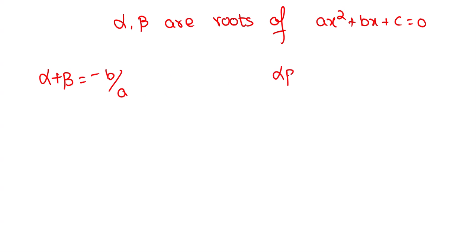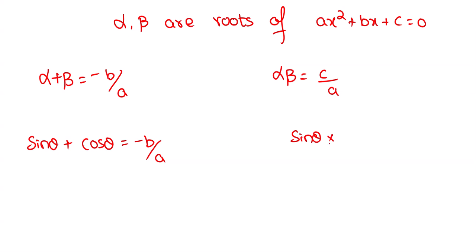Product of the roots is nothing but c divided by a. Similarly, here sine theta and cos theta are roots. So sine theta plus cos theta is equal to minus b divided by a, and sine theta into cos theta is equal to c divided by a.